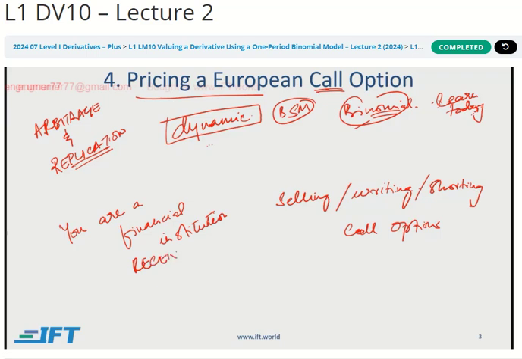Now, financial institutions do this. They sell options and they receive the premium for those options. But how do they protect themselves? Because if the stock price goes up, they will lose a lot of money, because whoever has bought the call option will come and execute the right to buy.